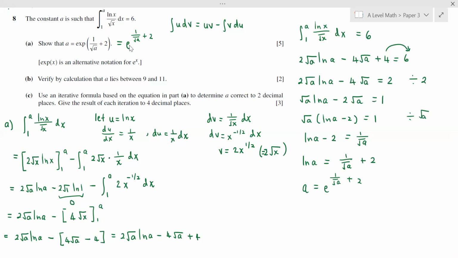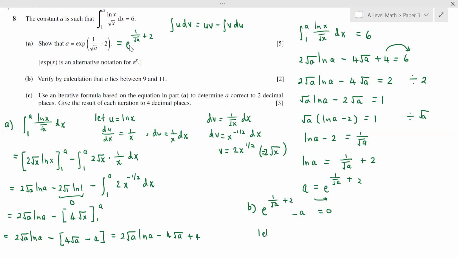And part B, you need to verify by calculation that a lies between 9 and 11. To check that, I'm going to rearrange this so that I can move a over. When I move a over, I have e to the 1 over square root of a plus 2 minus a equals 0.